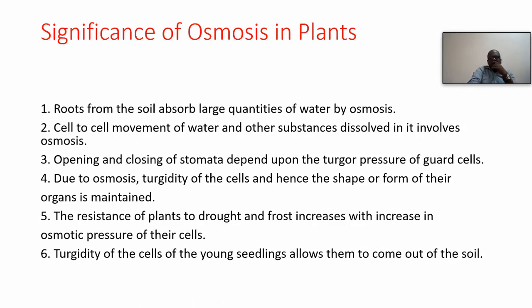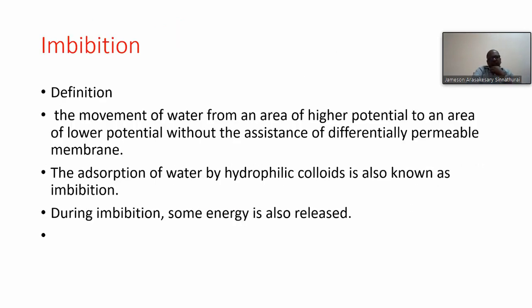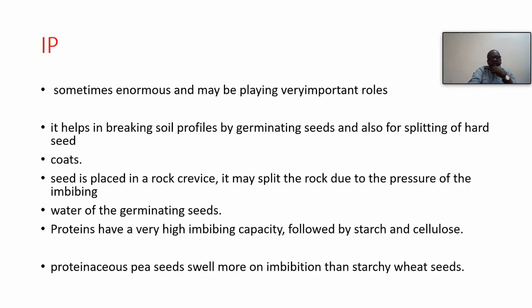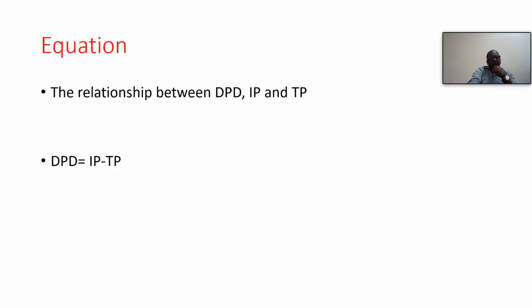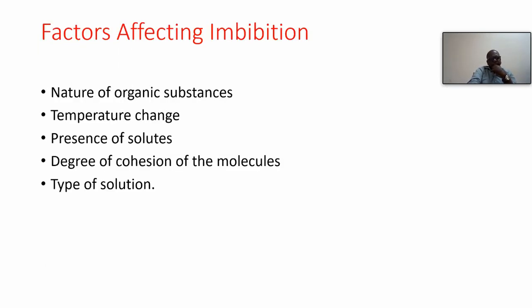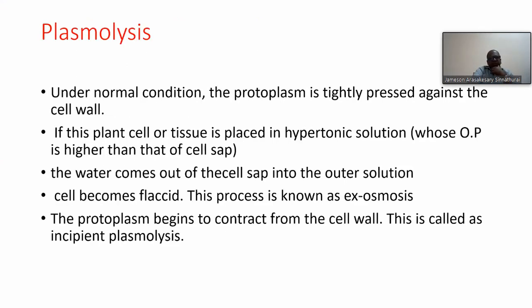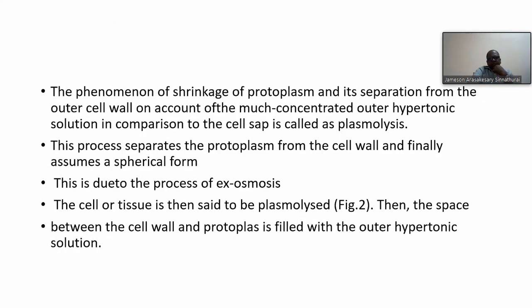And then the significance of osmosis, and imbibition, what is taking place. It is also movement of water, but with the help of colloids, not a semi-permeable membrane. We have seen imbibition pressure also, the equation of DPD, the factors affecting imbibition, and the significance of evaporation and plasmolysis.